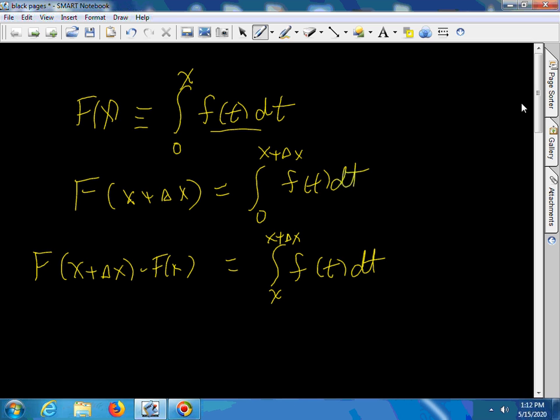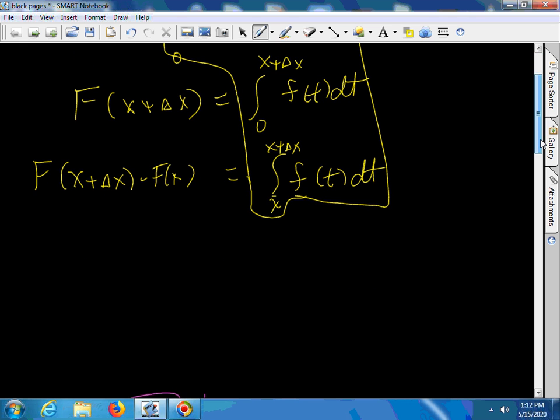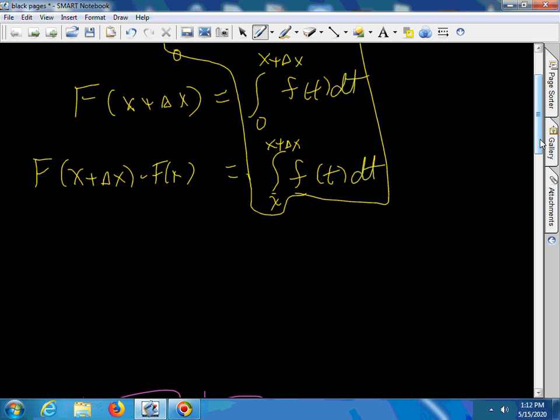Again, what I'm writing on the right, all of this is just symbols. It has no connection to antiderivatives. It's just symbols. Now, I choose to divide by delta x.